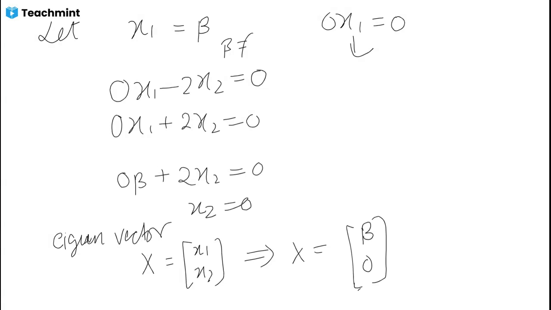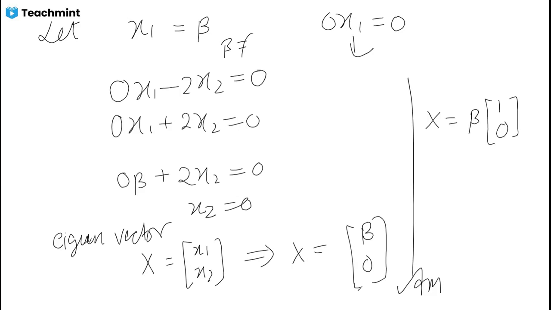You can write it in this form, or take beta as common because the second value is 0. So you can write 0 and 1 and 0 here. This is the required eigenvector.